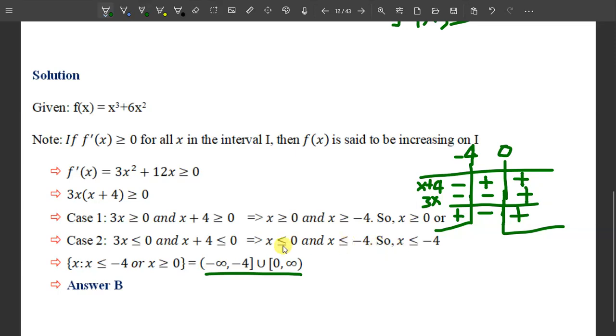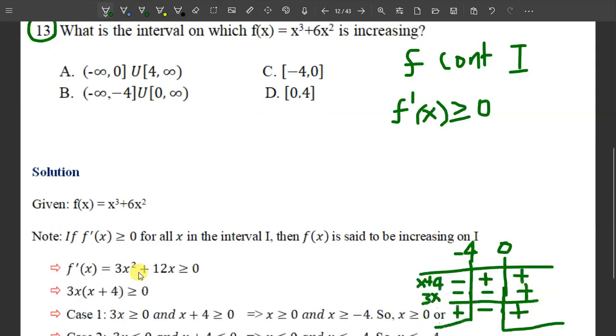So the intersection of these two sets is x less than or equal to minus 4. Then connect this solution and this interval by or, which is going to be x such that x less than or equal to minus 4, or x greater than or equal to 0. This is one of the answers.